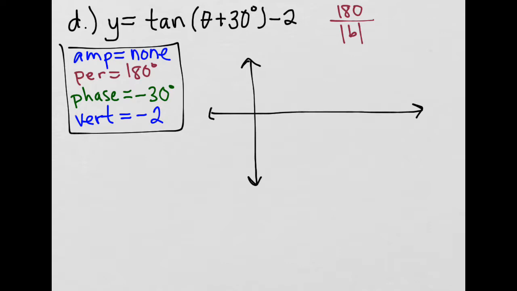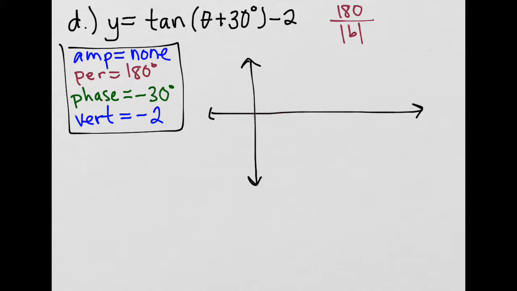Okay, now the tangent function is centered around the point 0, 0. And then it's going to have asymptotes, one on one side of the axis, one on the other side of the axis. And those points are 90 and negative 90 usually because the period's 180 degrees.